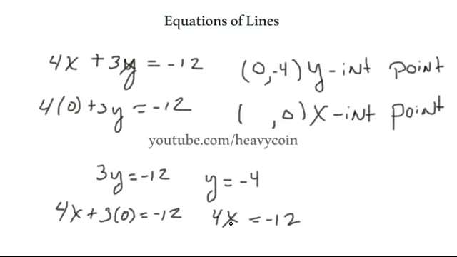So I think if we plugged in negative 3 here, x is equal to negative 3, because negative 3 times 4 is negative 12, right? Okay, so our x-intercept point is (negative 3, 0).